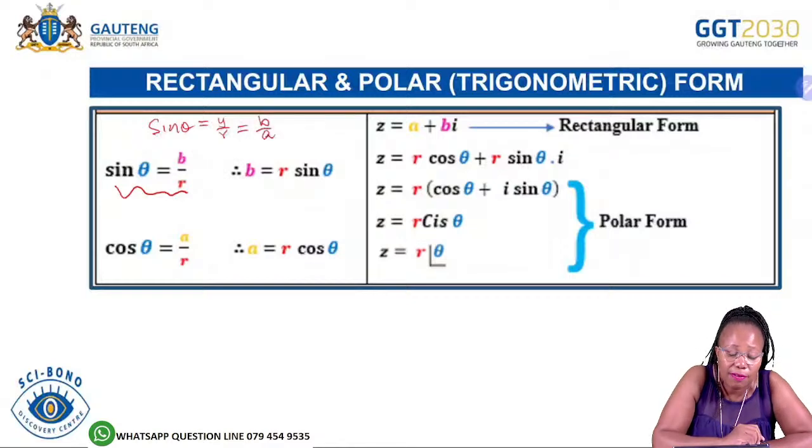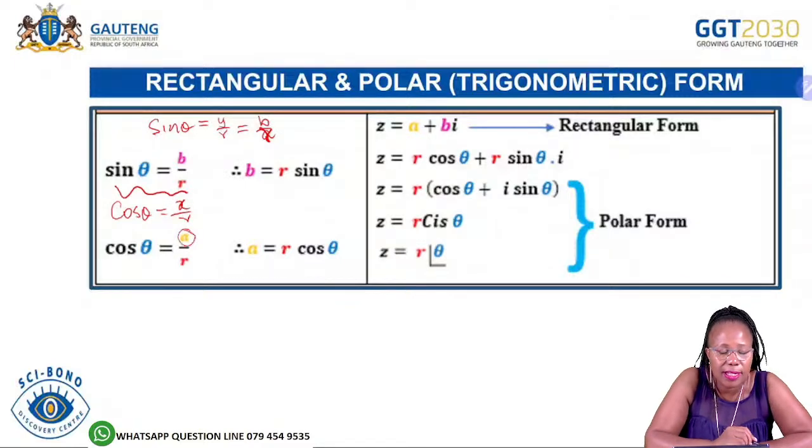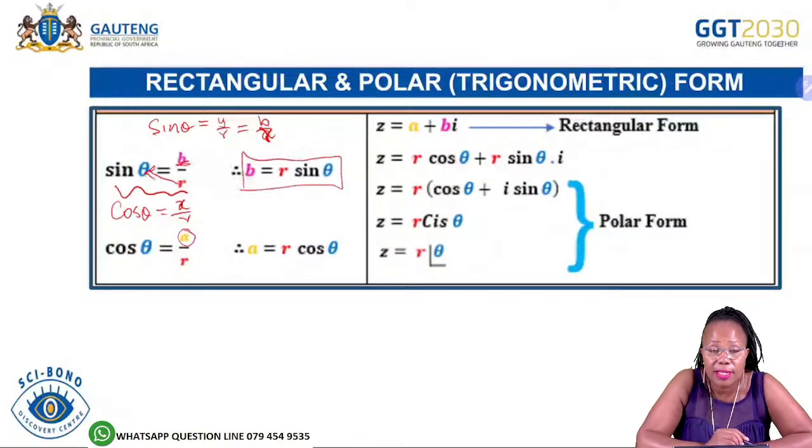That is why we have b over r here. And with the cosine, cos theta is equal to x over r, but our x in this case is a. That is why we have a over r. Now if we simplify this and make b the subject of the formula, this r is multiplied by sine. That is why we have b equal to r sine theta.